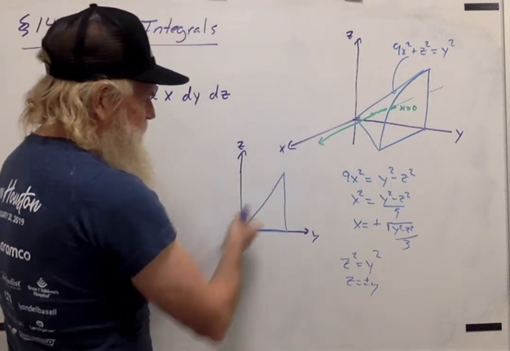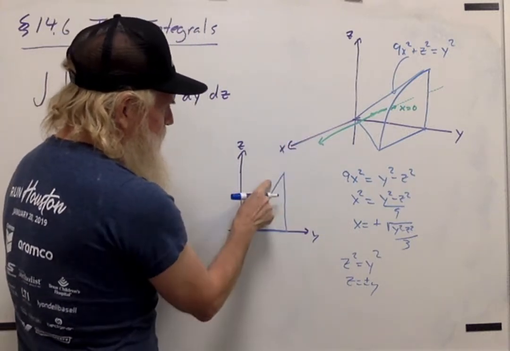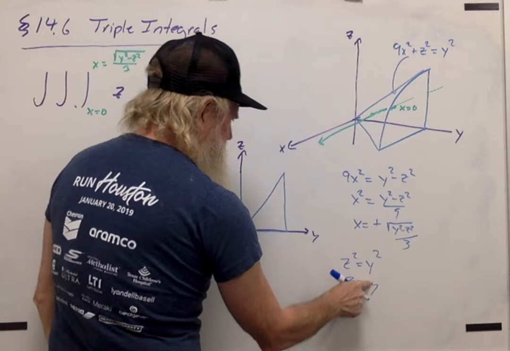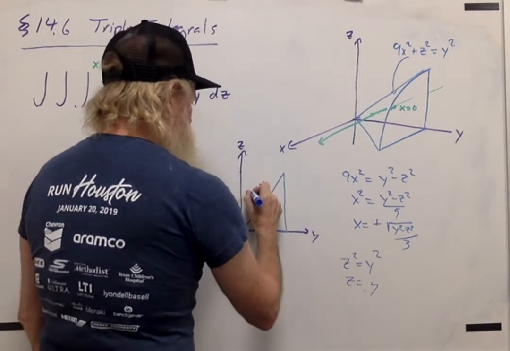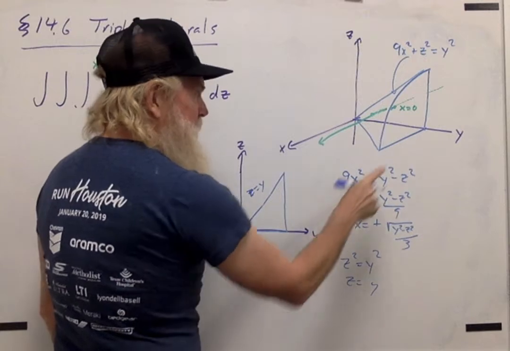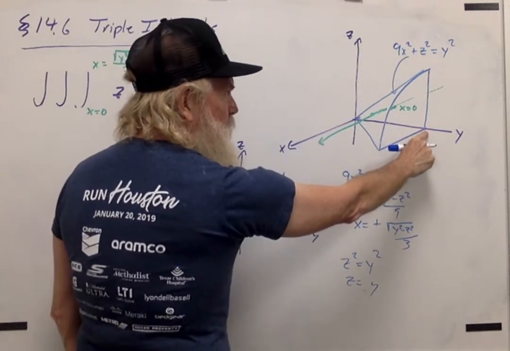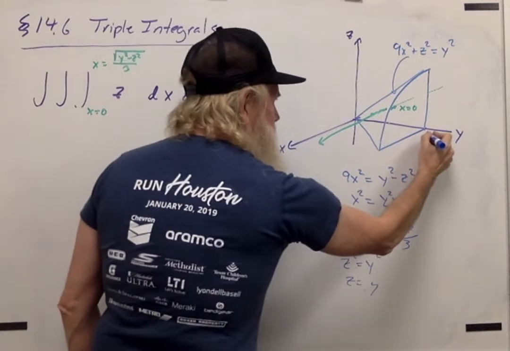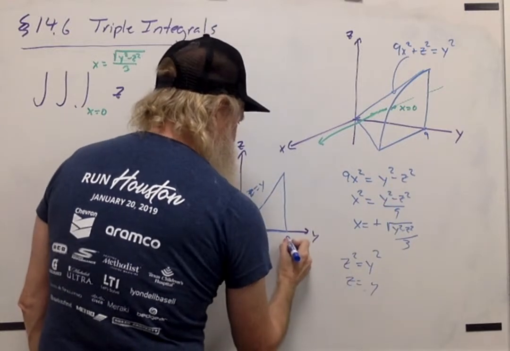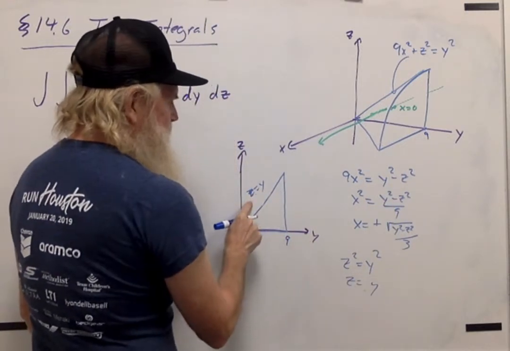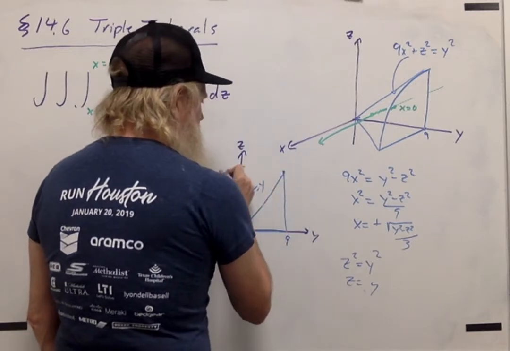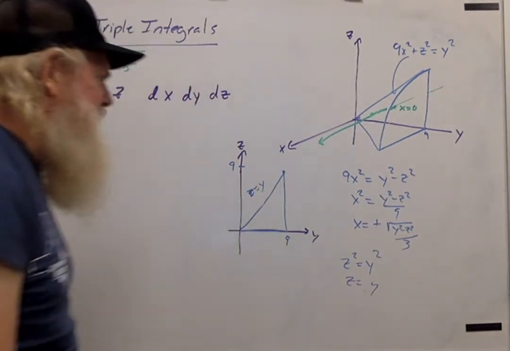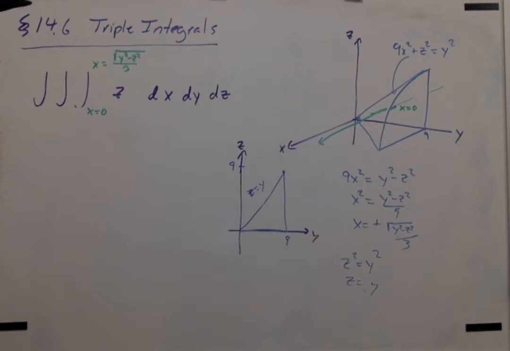And since z and y are both positive here, it'll be z equals y. We also know that the shape extends as far over as 9 on the y-axis. So since y and z are the same, this is the point, 9 along y and also 9 along z. So let's see if we can use that to figure out the bounds for y and z.